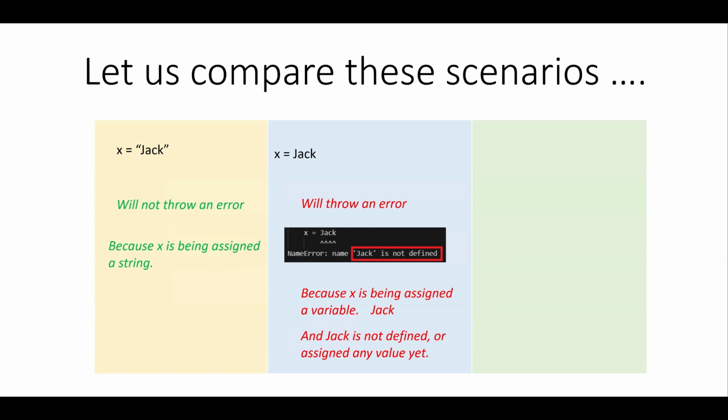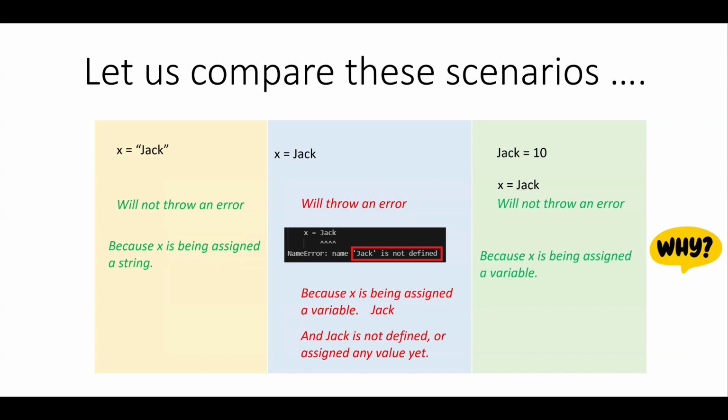We have X is equal to Jack, but before saying X is equal to Jack, if we have Jack already assigned a value, in this case Jack is equal to 10, then this will not throw an error.